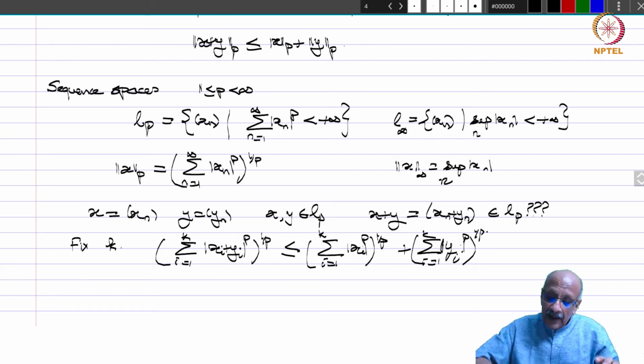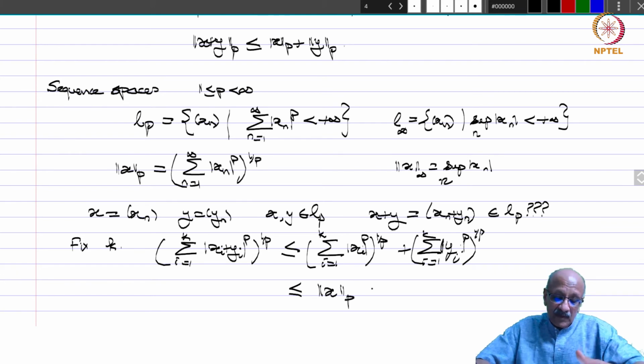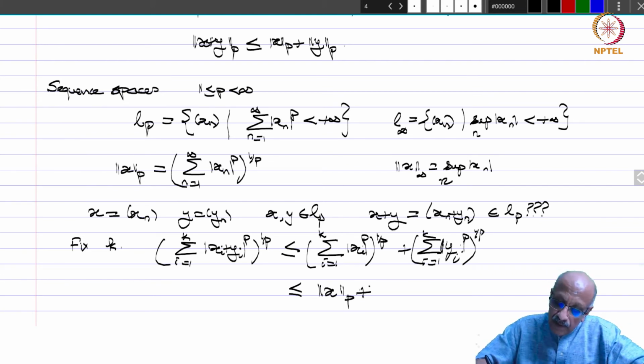Fine. But on the right-hand side, I can replace it by a bigger sum. So instead of k, I'm going to put infinity there. So this is less than or equal to ||x||_p, which is defined like this, plus ||y||_p.